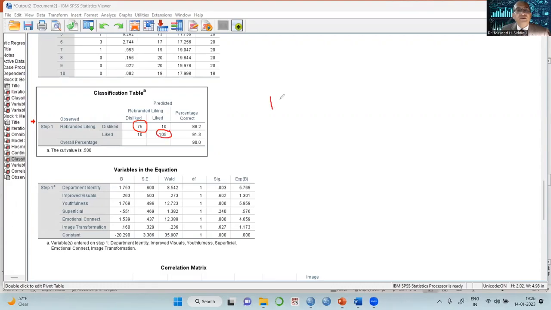So if we sum them, 75 plus 105, these are the correct predictions. The total number of values is 200. So that would be 180 upon 200.